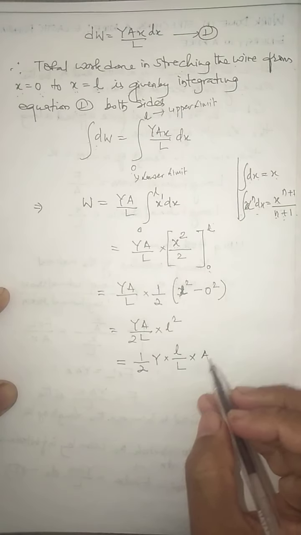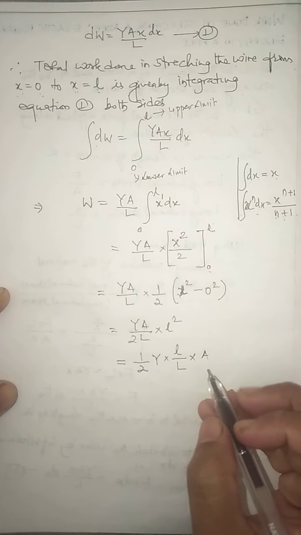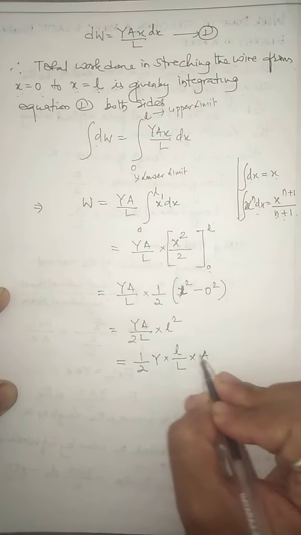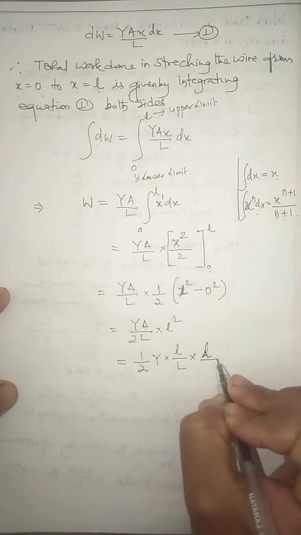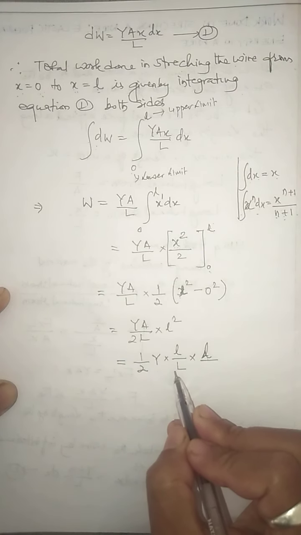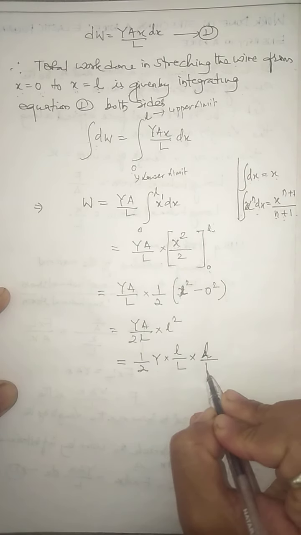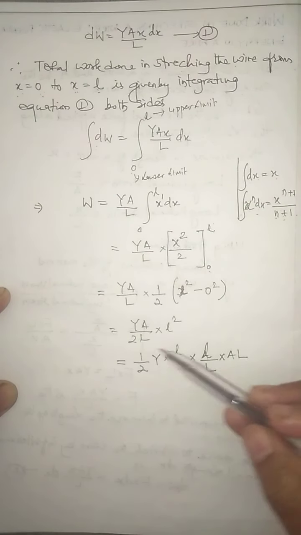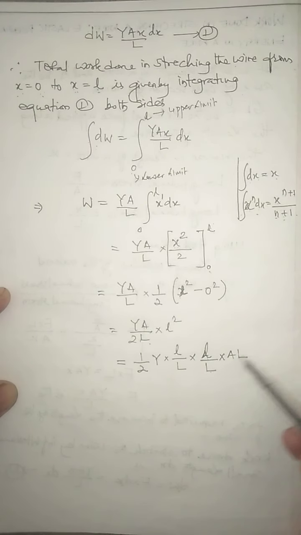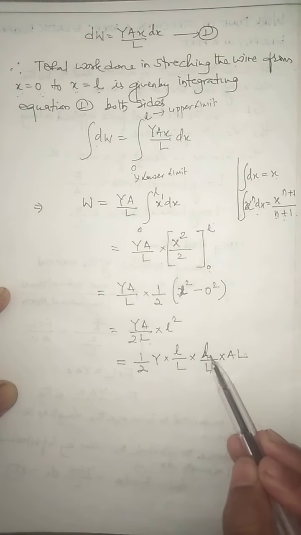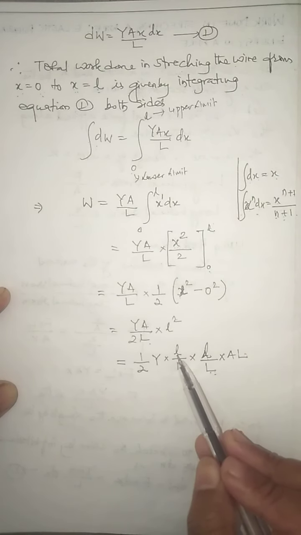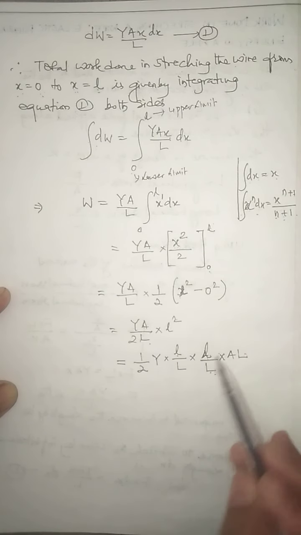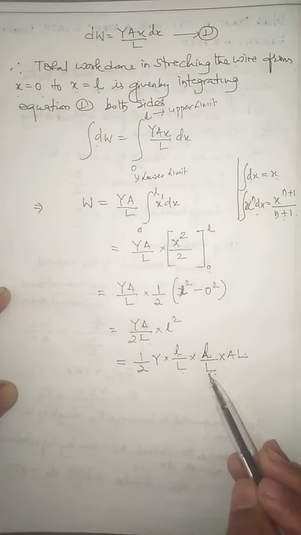Now there is only one capital L in the denominator, but I multiply by L in the denominator and also multiply by L in the numerator. So, children, see, this capital L I added, multiplying and dividing in the numerator and denominator, where there is already l and l. So l square I break as l by L into l, so one l is with capital L and the other small l with capital L.